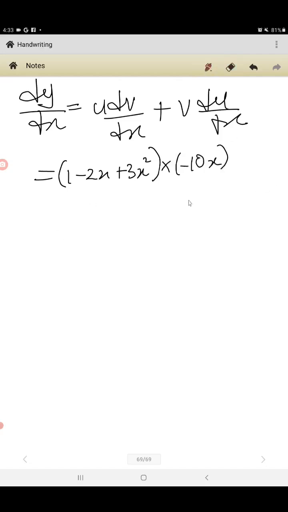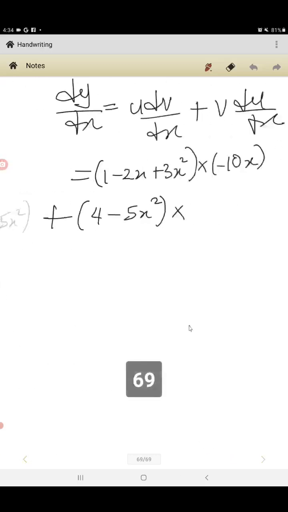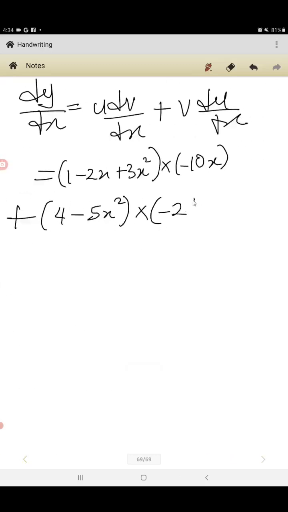Now, because the tablet is not long, plus, what is the value of v? Our v is 4 minus 5x squared, multiplied by du/dx, which when we differentiate gives us minus 2 plus 6x. That is the value. So now let's start expanding in a logical way.